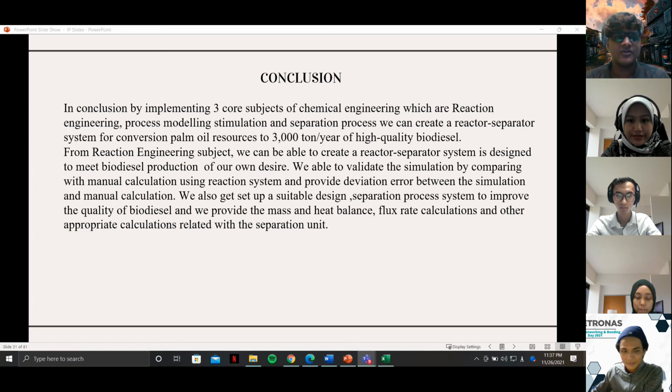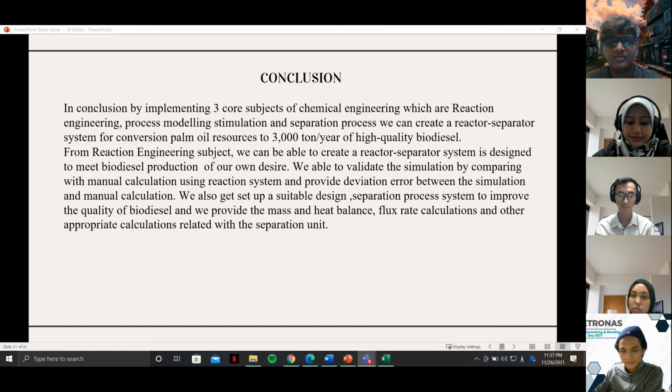Okay, conclusion. In conclusion, by implementing three core subjects of chemical engineering, which are reaction engineering, process model simulation, and separation process, we can create a reactor separator system for conventional palm oil resources to 3,000 tons per year of high quality biodiesel. From the reaction engineering subject, we are able to create a reactor system designed to meet biodiesel production of our own desire.